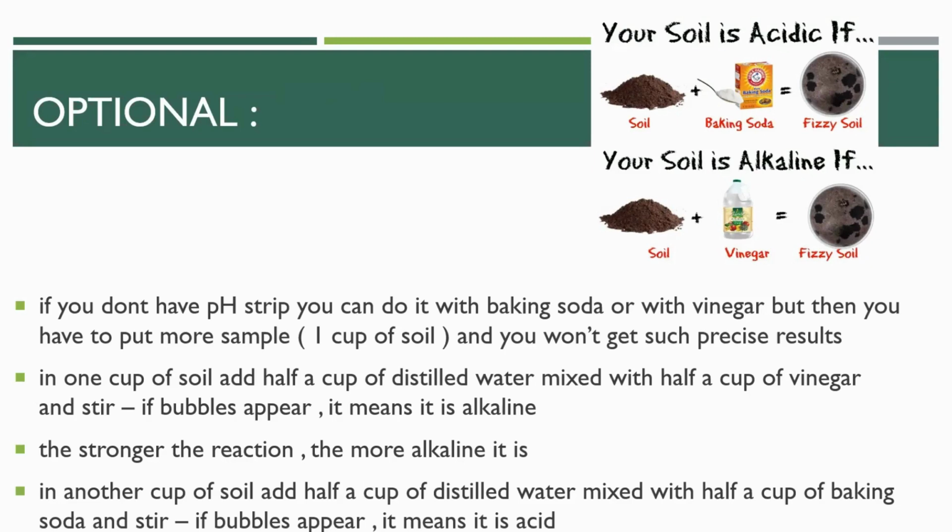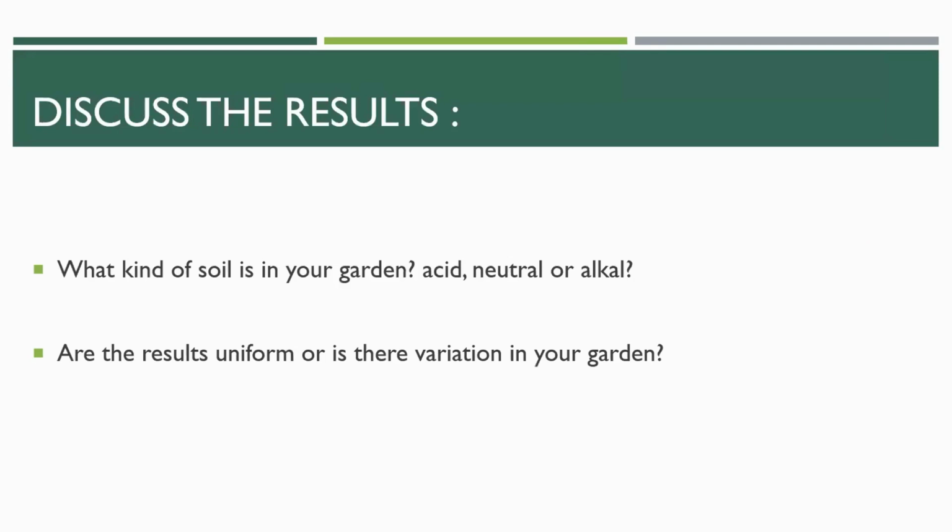In another cup of soil, add a cup of distilled water mixed with half a cup of baking soda and stir. If bubbles appear, it means it's acid. After the experiment, discuss the results with the students. What kind of soil is in your garden? Is it acid, neutral, or alkaline?